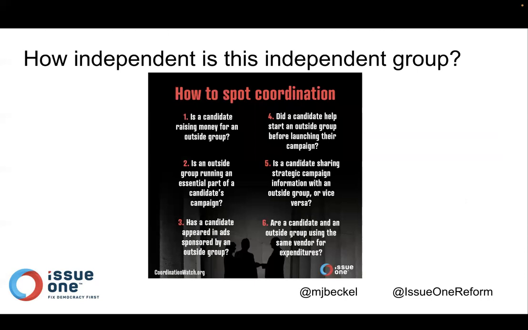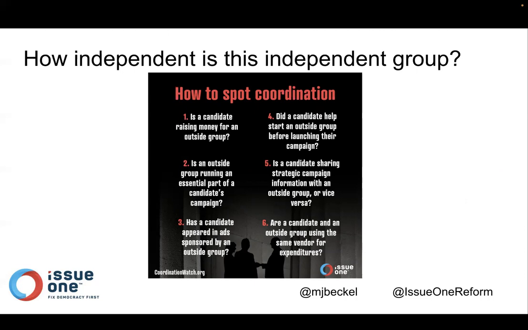And I think it's also key to remember that, again, independent spending is supposed to be independent of the candidates themselves. One of the reports that Issue 1 published after the Citizens United decision in the last few years, we published this sort of how to spot coordination report.